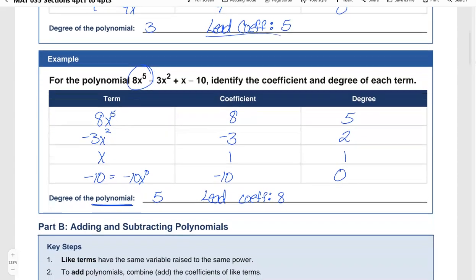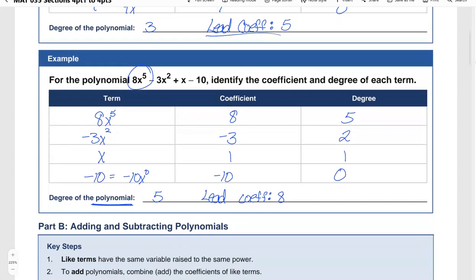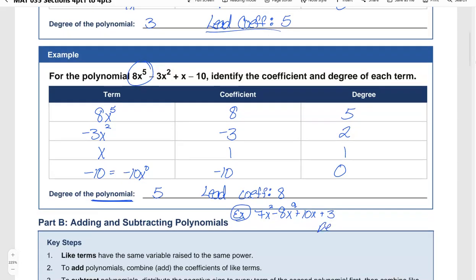So I want to do another one. And I just want to talk about the degree and the leading coefficient. So let's just include a little example here. Let's say we have 7x squared minus 8x to the ninth plus 10x plus 3. And all I care about are the degree and then the leading coefficient.